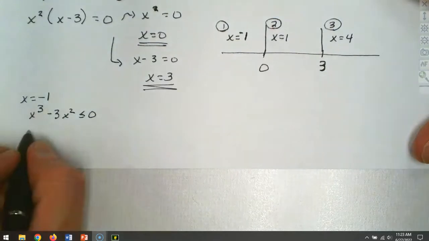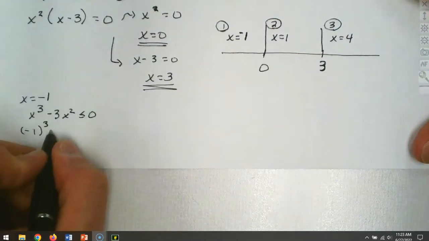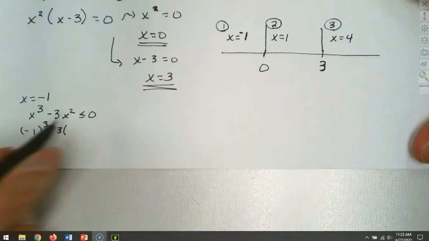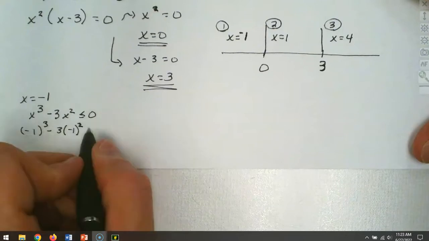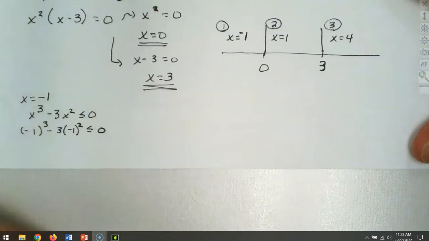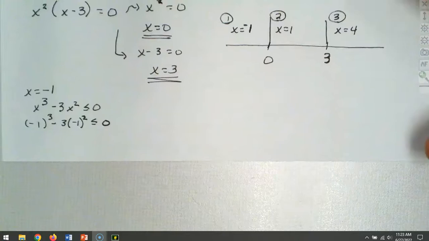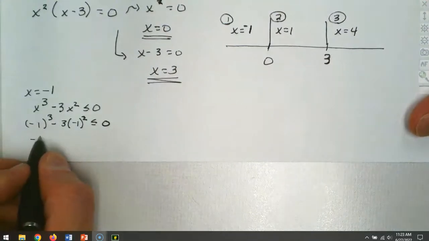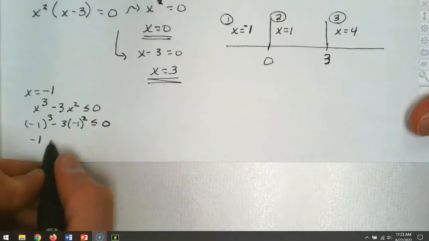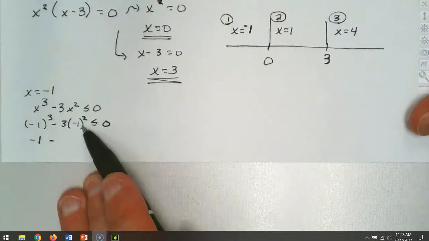So if I plug my negative 1 in, and this one we're actually going to have to work out because it's going to require us to actually plug it in and check values. Okay, if I plug in a negative 1, negative 1 when we cube. When we cube a negative, remember it stays negative. What about the next one? Okay, negative 1 squared makes it positive 1.